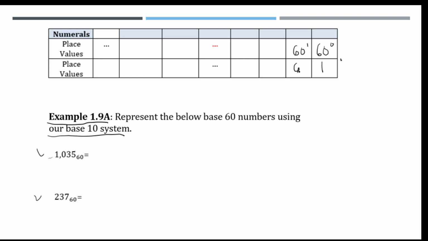That means that's the 60s place. 60 to the second power is 60 times 60, which is 3,600. And 60 to the third power is 3,600 times 60, or 60 times 60 times 60, which is 216,000.